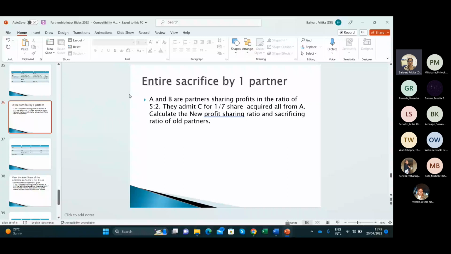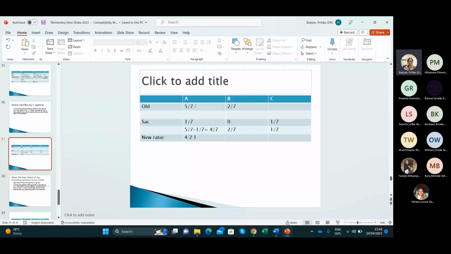So A's portion is 5/7 and B's portion is 2/7. Now A is sacrificing a 1/7 portion, because this much is going to partner C.